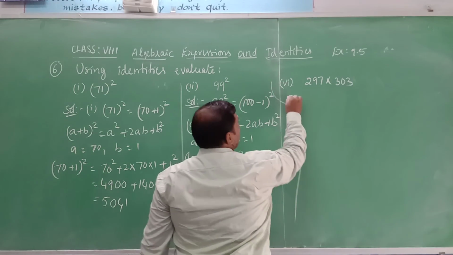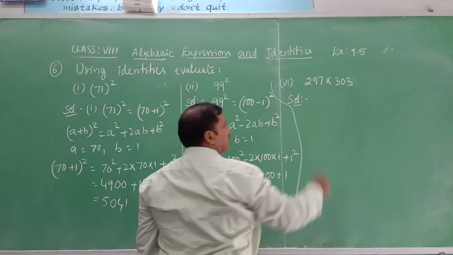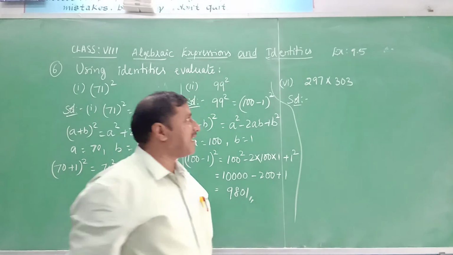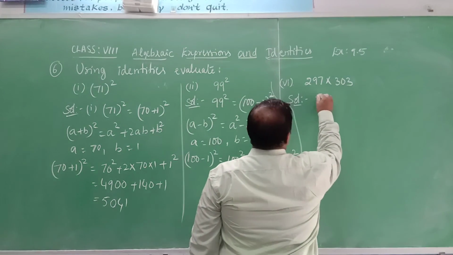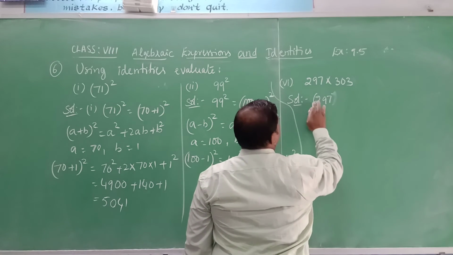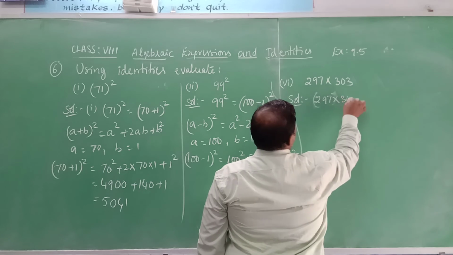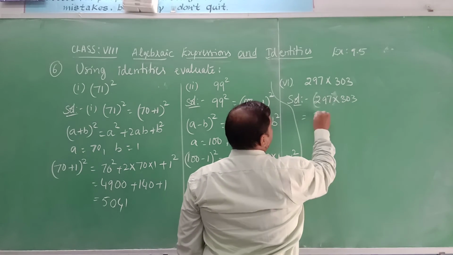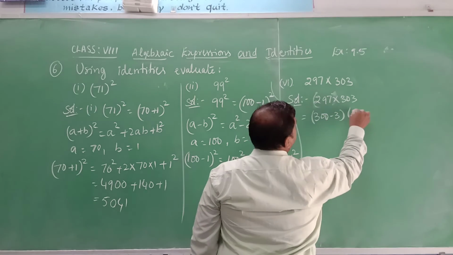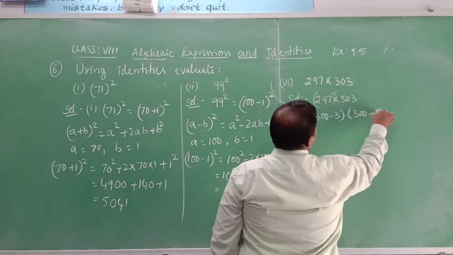Now see here this third question, it is a little bit different. So here can you guess what identity we can use? Here two different numbers are there. Yes, the third identity. See here this 297 into 303, that is equals to 297 means 300 minus 3 and 303 is 300 plus 3.